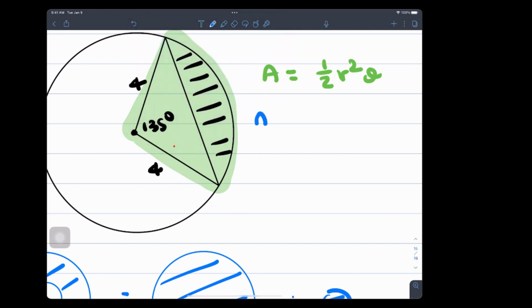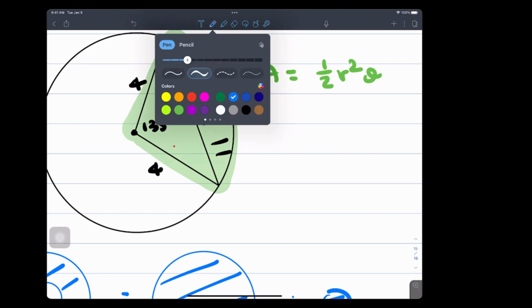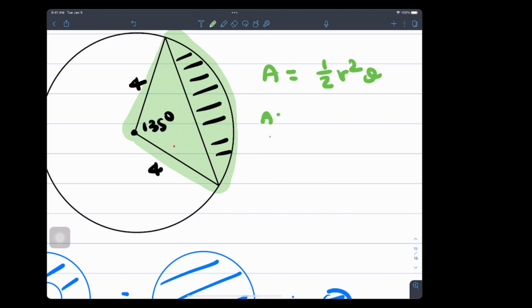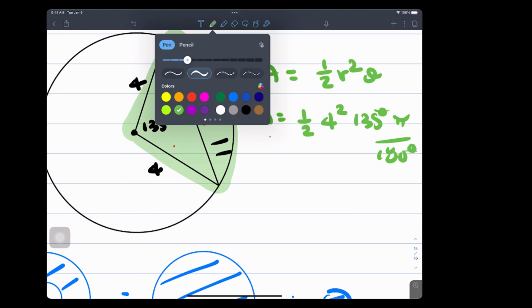Well, that green area, I guess I'm going to stick with the green. You guys okay with this? It's going to be 1/2. What's r? 4 squared. What's theta? 135 degrees. What do I have to do with that? Pi over 180 degrees, so I cancel out my degrees. Is that true?